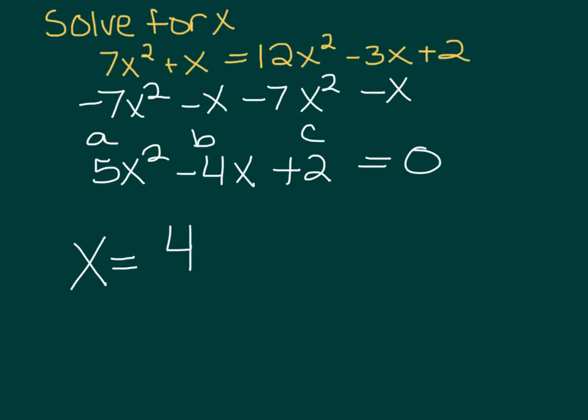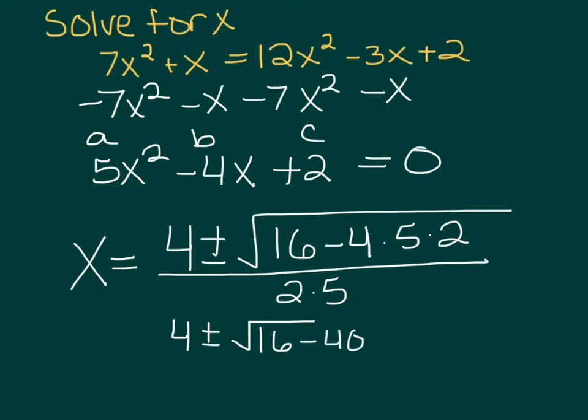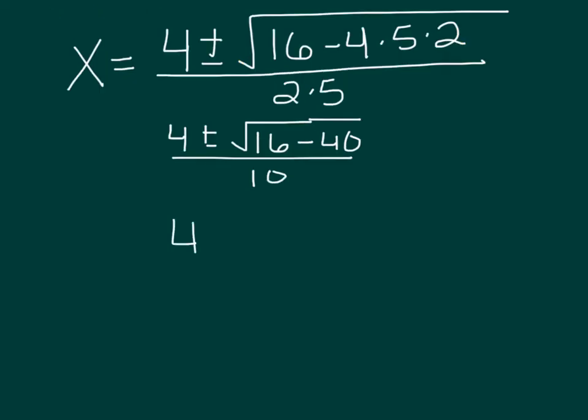So we're going to say 4 plus or minus the square root of b squared, so I'm just going to go ahead and write 16, minus 4ac, so minus 4 times 5 times 2, all over 2 times 5, gives me 4 plus or minus the square root of 16, and then 4 times 5 is 20 times 2 is 40, all over 10. So we have 4 plus or minus the square root of negative 24 all over 10.